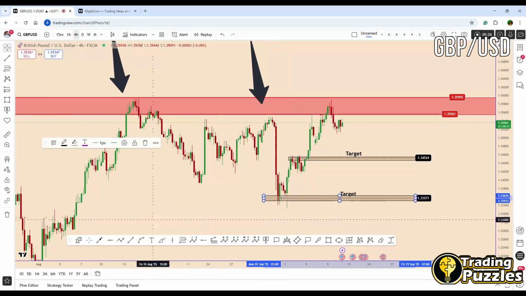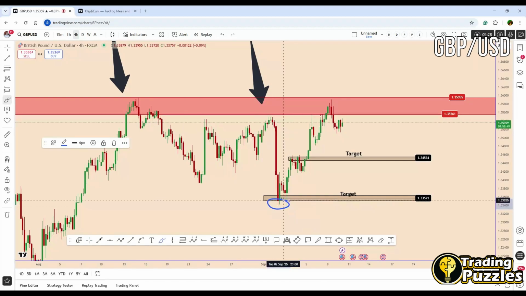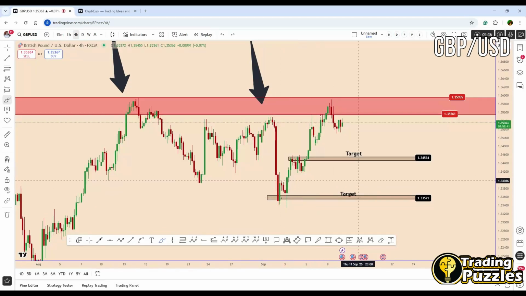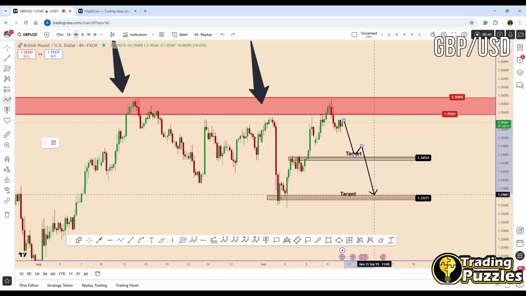Here we have the maximum that they reached, so it would be wise to take profits earlier and not expect the maximum of the price extension. So this is what I'm looking at for GBPUSD.